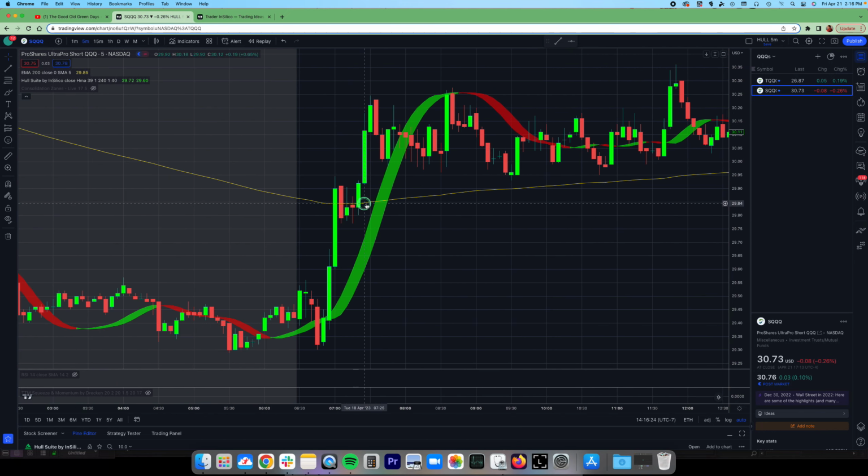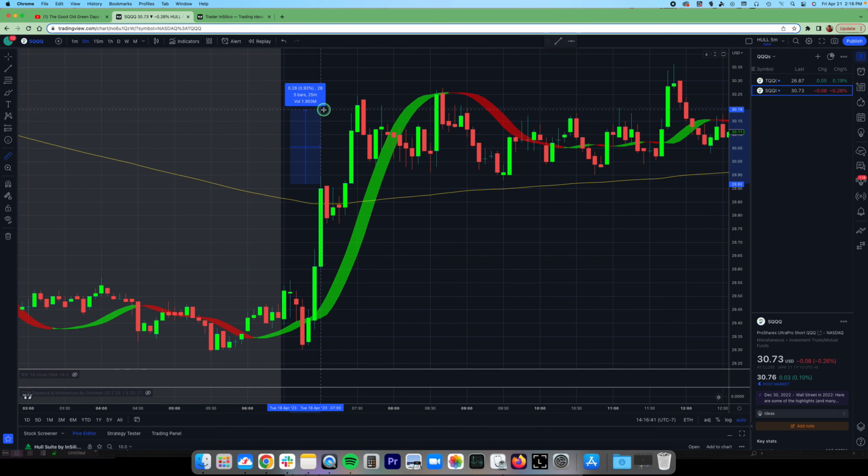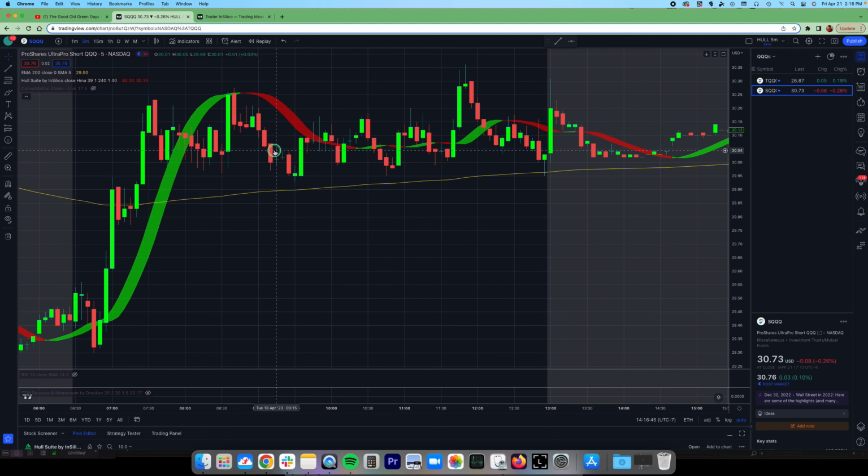Okay, so again here it kind of broke. If I was to get in right here on the break of the EMA, I would view it as a super risky trade because the Hull has been green for a bunch of candles here. But in this particular case, it would have worked out. And then I didn't trade for the rest of the day here.